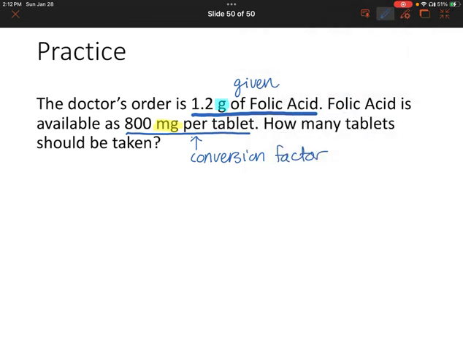So let's see, we have our first conversion factor, 800 milligrams is equal to 1 tablet. But we also know that there's a certain amount of milligrams for every gram. So thinking back to our prefixes, how many milligrams are in 1 gram?